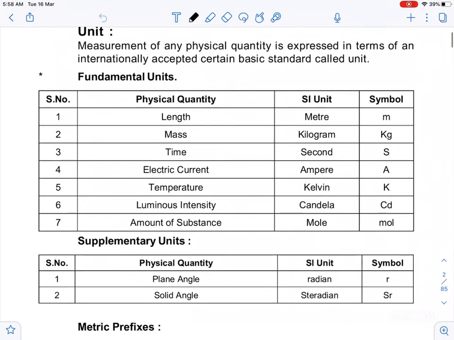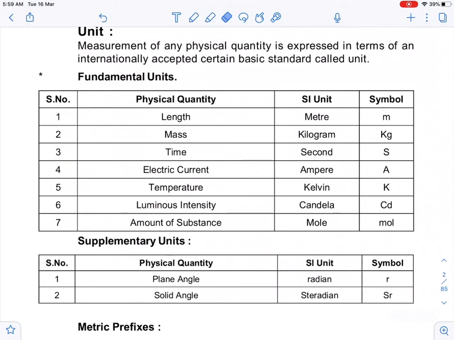So first thing, unit and measurement. You should remember that there are 7 fundamental quantities: length, mass, time, temperature, electric current, luminous intensity, amount of substance. These are the symbols with which they are denoted: length by m, mass kg, time second, electric current ampere, temperature Kelvin, luminous intensity candela, and amount of substance mole.